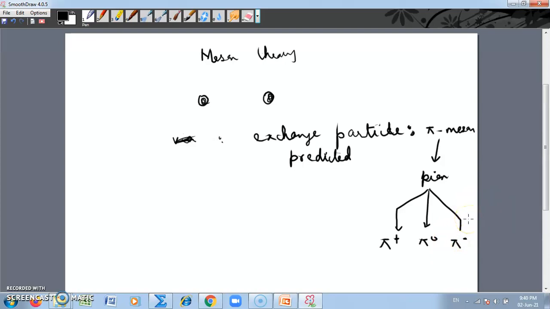So this is a new particle, and we will look at how this pion, as an exchange particle according to Yukawa's meson theory, gave an explanation of nuclear interaction. I would like to stop here. We'll see the rest in part C of our class.